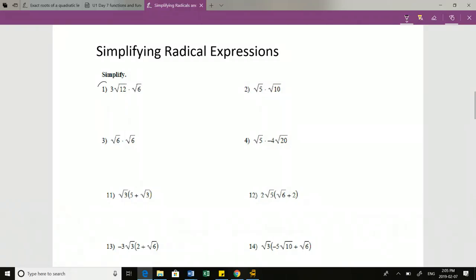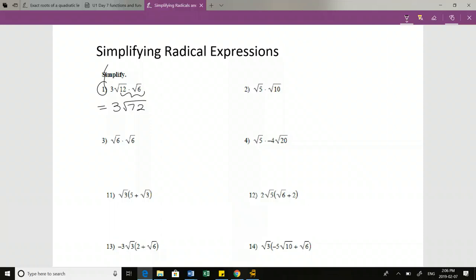Okay, so number 1 on the back, really I'm just keeping that 3 out front and I'm multiplying. I'm multiplying the roots together. So this is going to be 12 root 72, I think. And then we would be looking for the biggest perfect square inside of 72 so that we can reduce this.